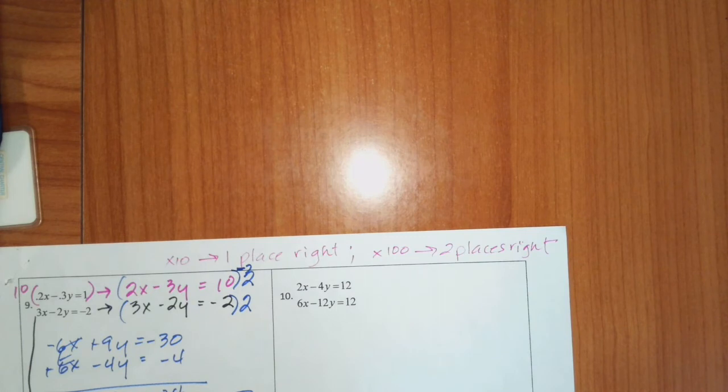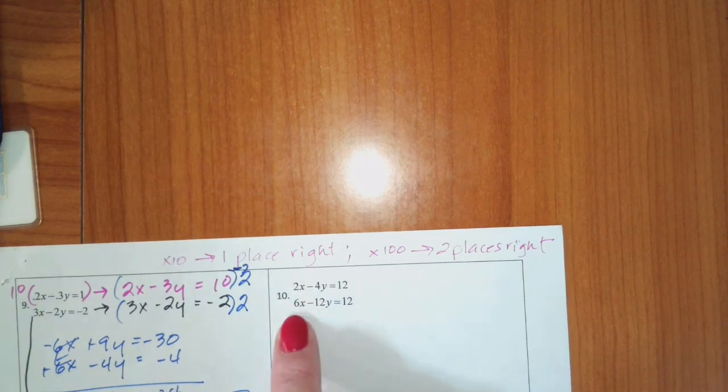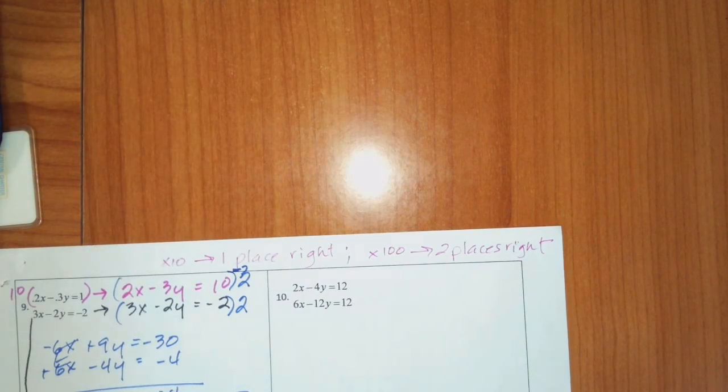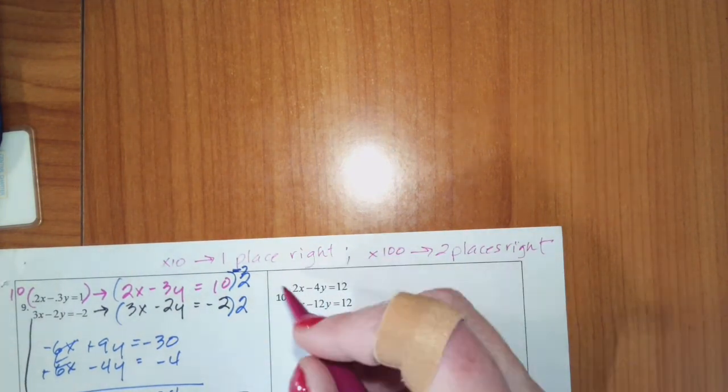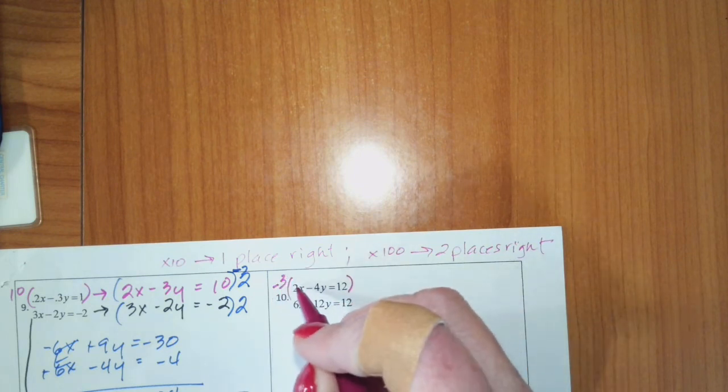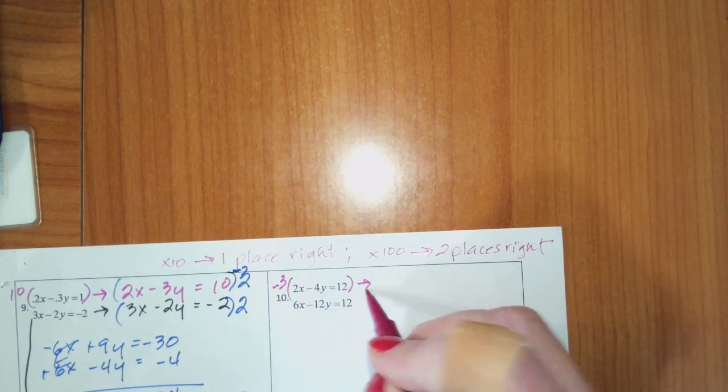Okay, 2x minus 4y equals 12, 6x minus 12y equals 12. All right, let's see what happens. I think I'll eliminate the x's. That means I am going to multiply this top equation by negative 3. That would give me negative 6x and a positive 6x.